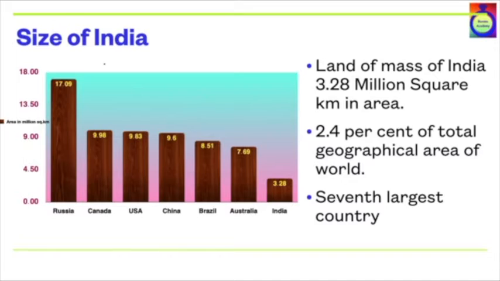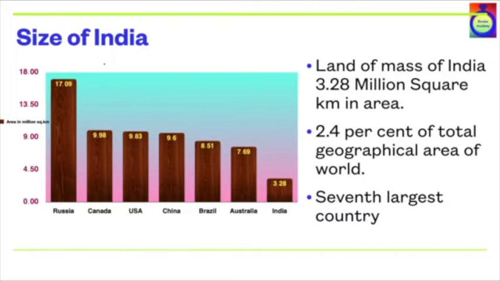Now look at the size of India. What is its position in the world? The total area of India is 3.28 million square kilometer. Look at this figure and compare it with other countries. Russia has 17.09 million square kilometer.